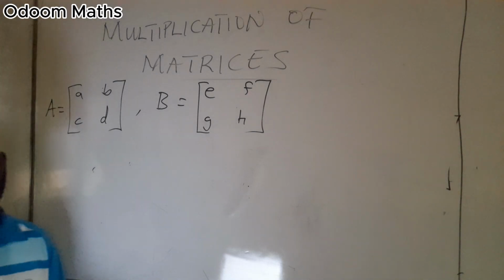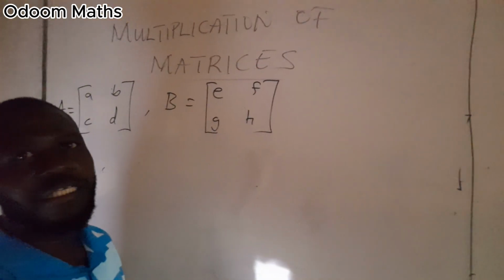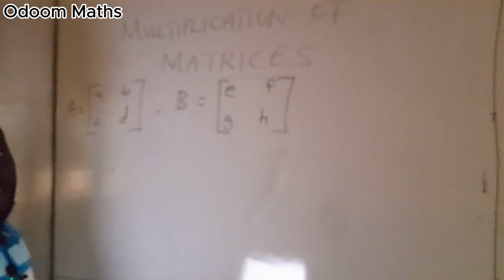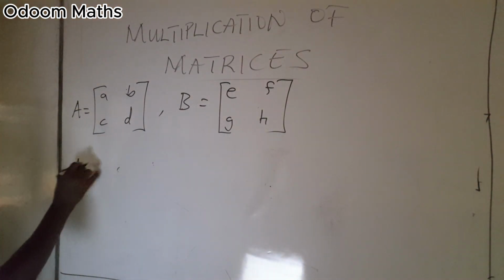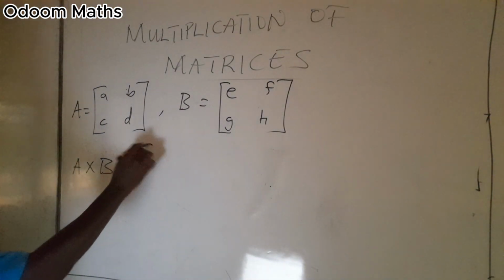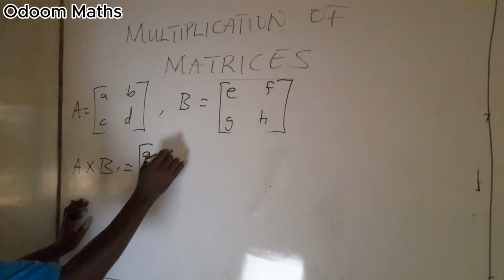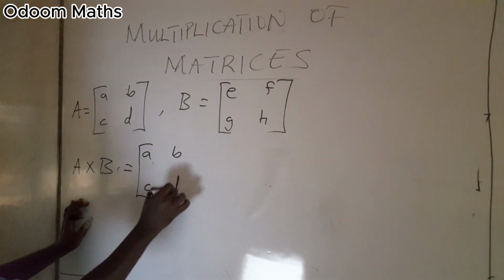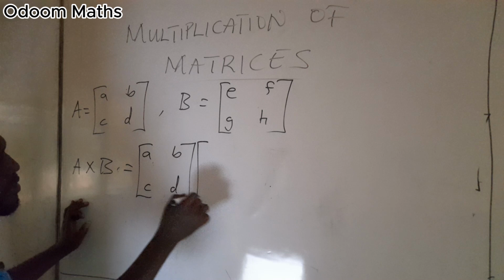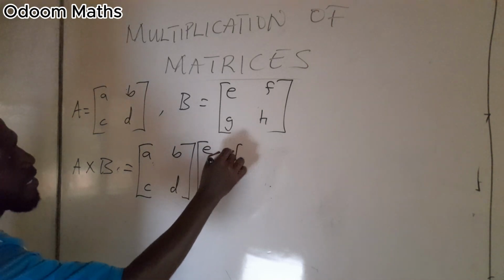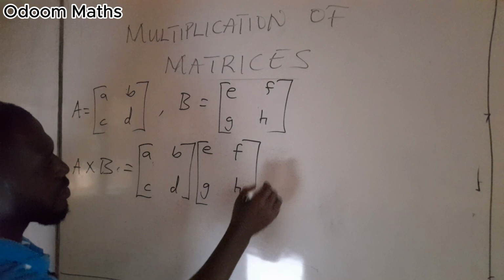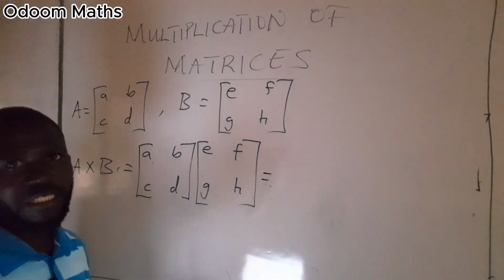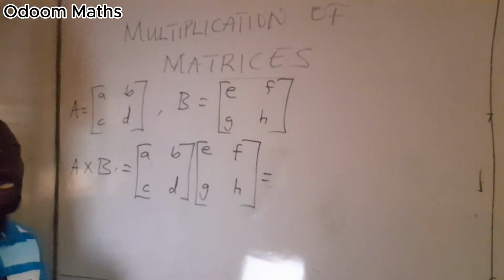Okay, so now let's look at multiplying two matrices. We are finding A times B. So let me write the entries: A, B, C, D, multiplied by E, F, G, H. Please pay attention to the procedure.